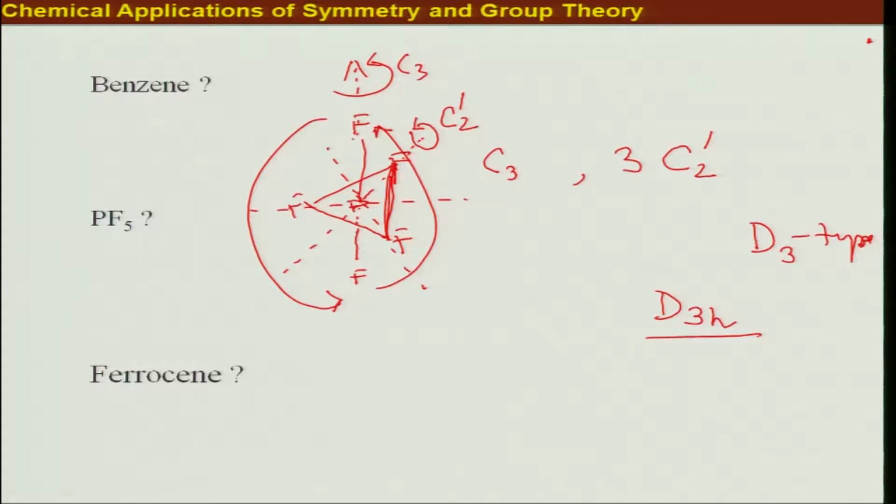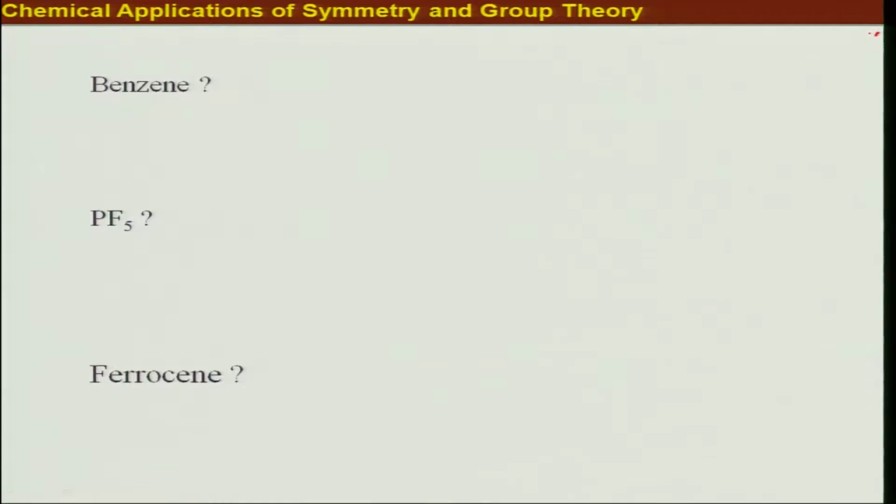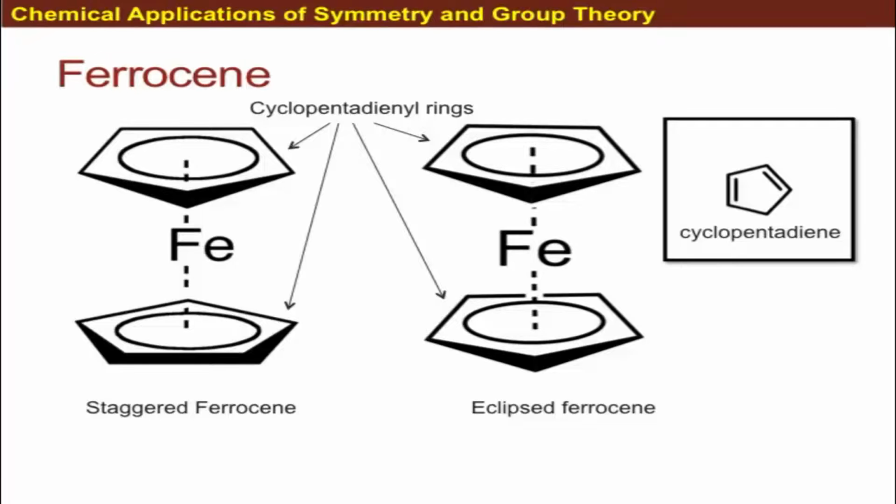Now you will see how important it is to know the structure in this and even in some of the following examples. Okay. So we are going to talk about ferrocene. Ferrocene is, you have an iron and then 2 cyclopentadienyl groups.